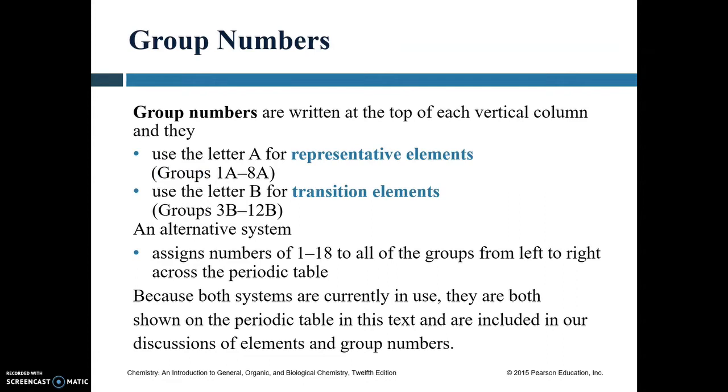Group numbers, on the other hand, are written on top of each group, and there are two ways to number the groups. One, more classical way, I would say, uses the letter A for representative elements that are located in the groups 1A through 8A. And that method uses the letter B for so-called transition elements that are located in the groups 3B to 12B.